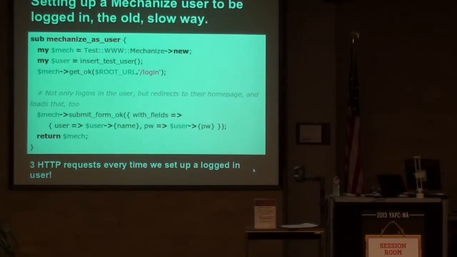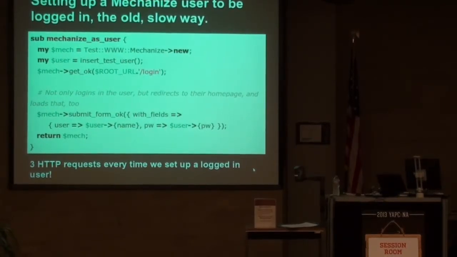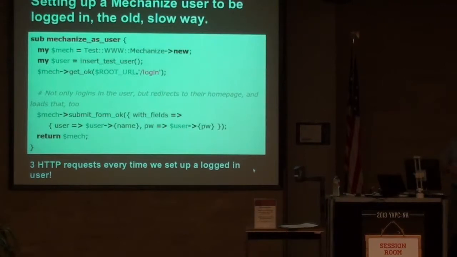So a common thing for us is for certain features you have to be authenticated with the application. You have to have a user. The user has to go to the form and log in and then get to their home page, and then you can finally test the feature as this authenticated user. And we put that in a function, and it has to follow this basic recipe. You insert the user, you get the login page, you put in a username and password, and you submit.